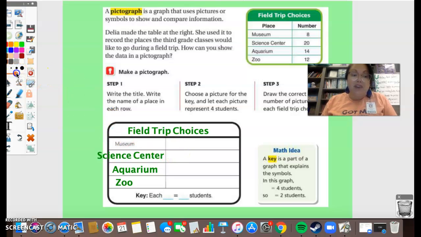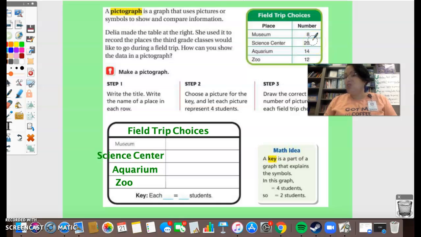But here's what we have to decide: our key. Take a look at the numbers represented here. We've got an 8, a 20, a 14, and a 12. Do you think counting by 5s is going to be helpful here? Counting by 5s would be tricky with 8 and 14 and 12. 10s? No, that would only work for Science Center, right?